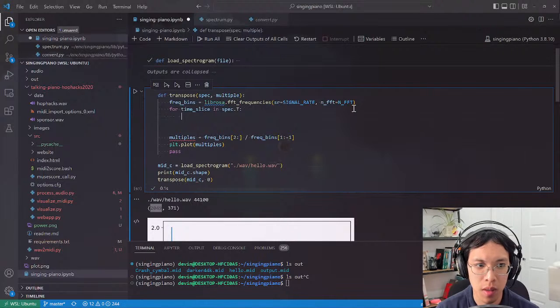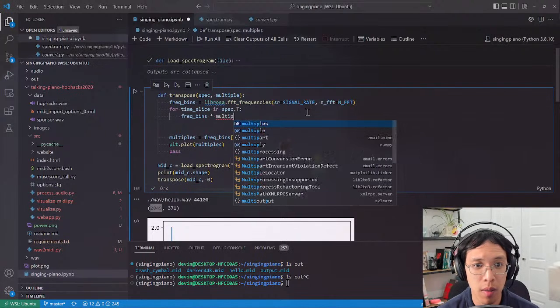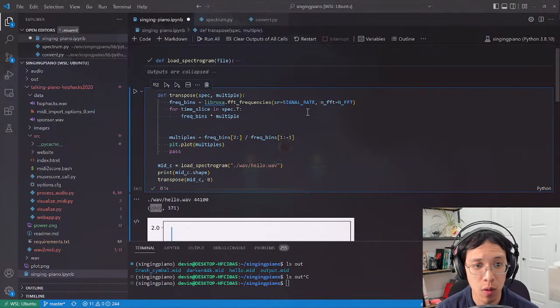You don't need to use an iteration, or a for loop, because NumPy allows you to do things all at once. So we can take this frequency bin thing, multiply it by the multiple, which is the transposition we want, right? So let's say multiple is 2. Then we've transposed all the bins by 2, and we just need to find the nearest bin based on that. So oops, transpose bins equals this.